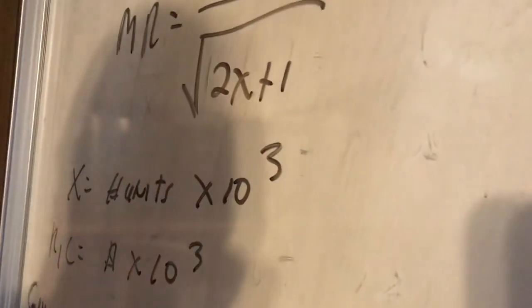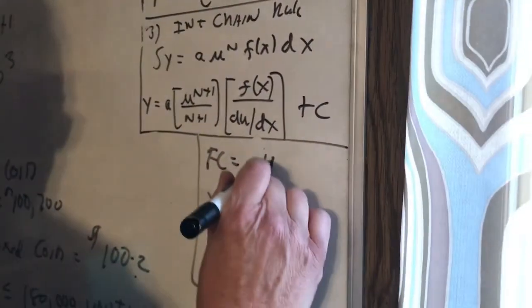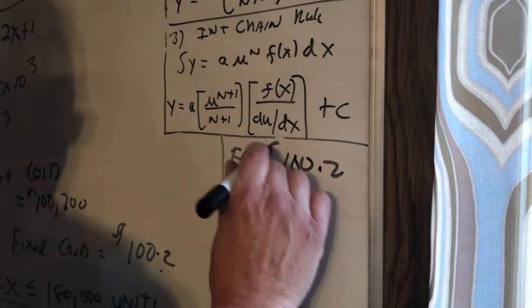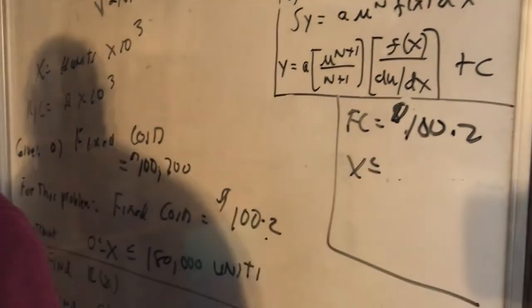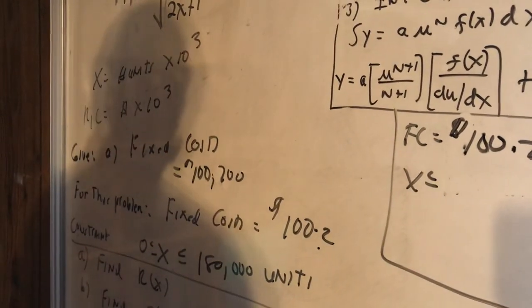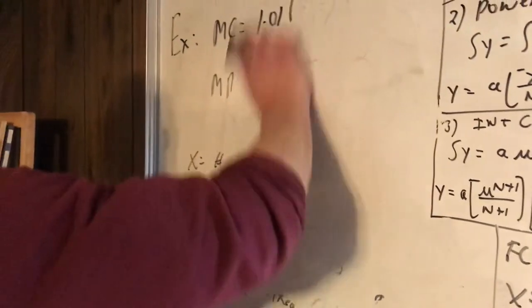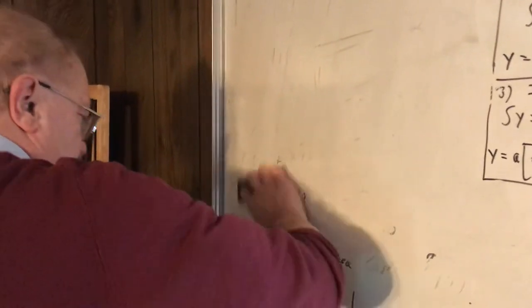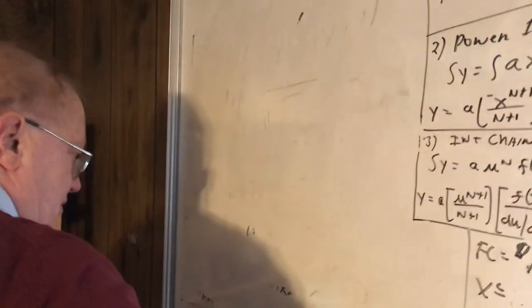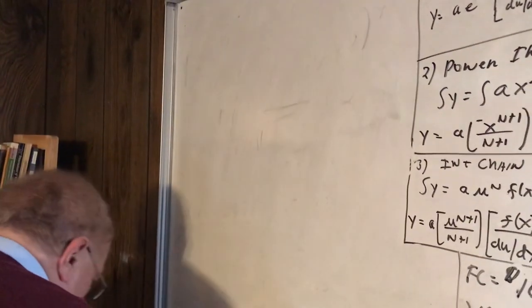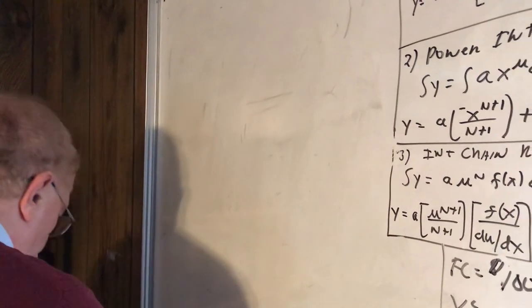Be careful, because if they use 100,000, you're going to get super large numbers. It's going to become a bear of a problem. Just have to remember that x has to be multiplied by 10 to the third, or 1,000, at the end. Order of magnitude. Okay, so let's find revenue first.